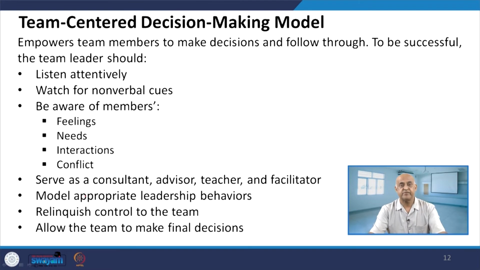Here it is a team-centered decision, where the team members are very active and cooperative, and they allow each other to take the final decision. Because all stakeholders have been considered, there is always a chance that your decision will be better and helpful in finding the solution.